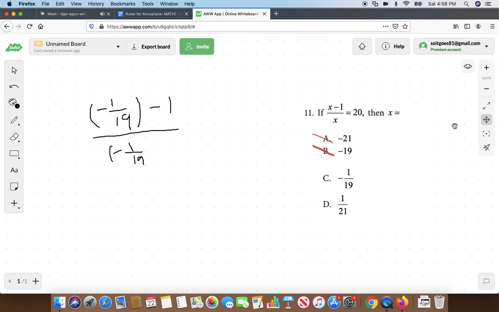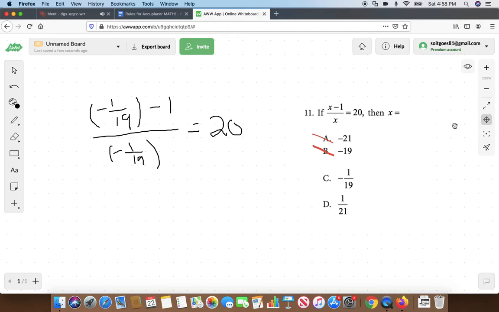Excellent. Great. Love use of parentheses. Excellent. All right. Now, this is intimidating looking, right? I mean, you look at it, you're like, oh, I don't know how to process this. Don't worry about it. I don't think we even have to calculate it.